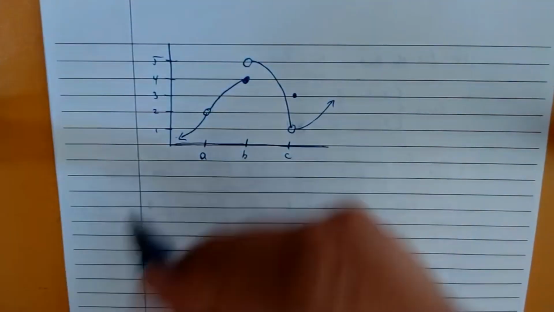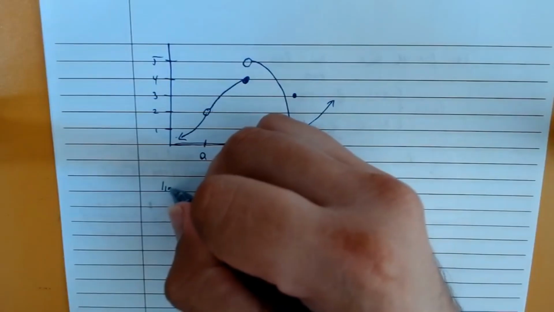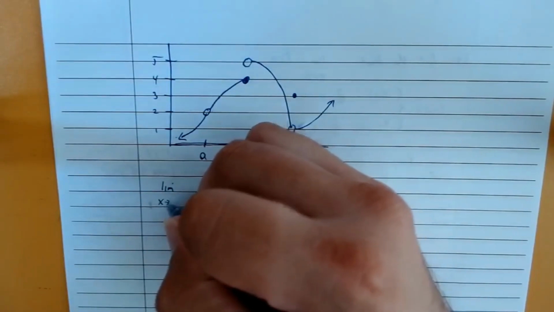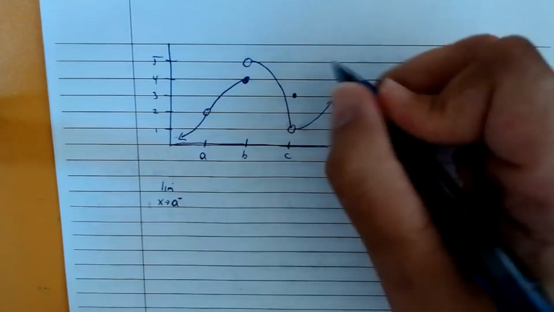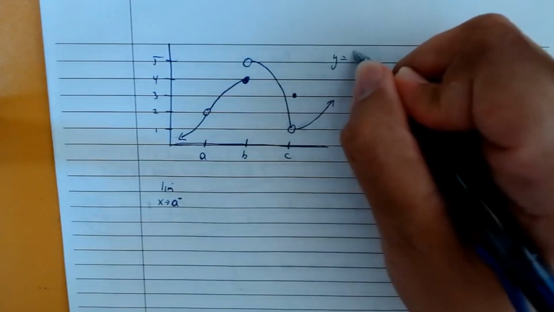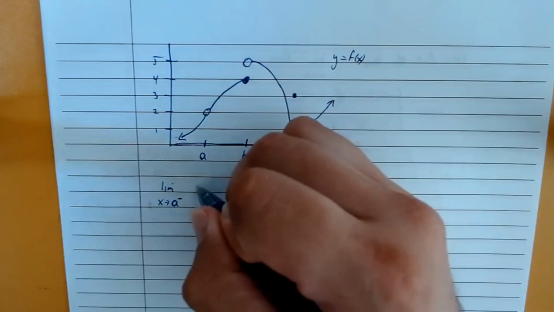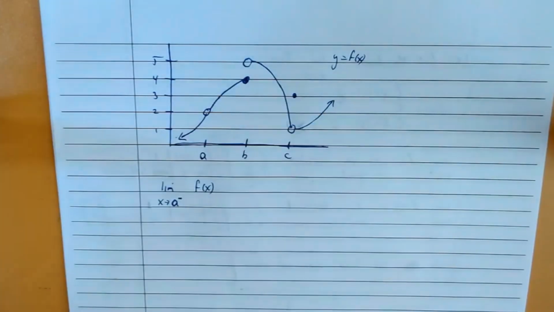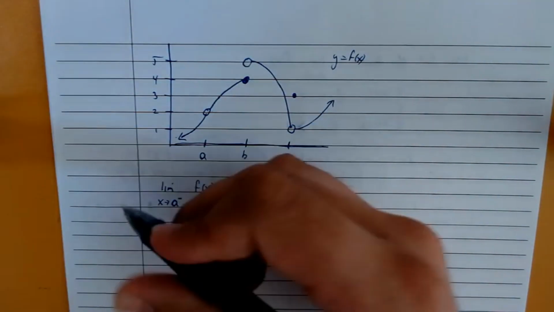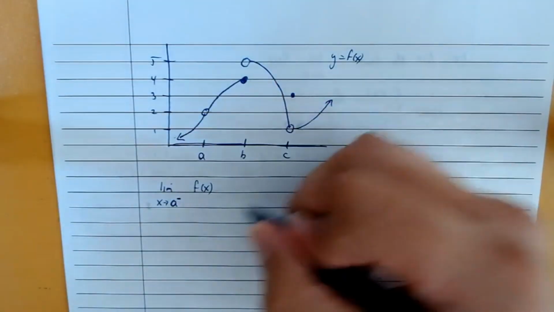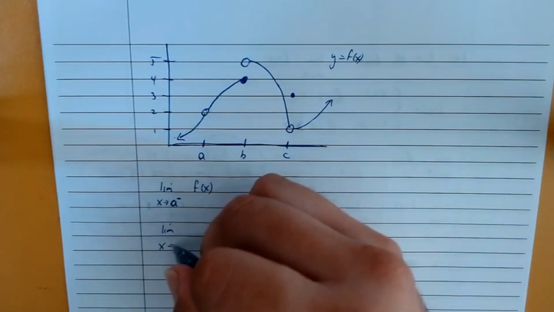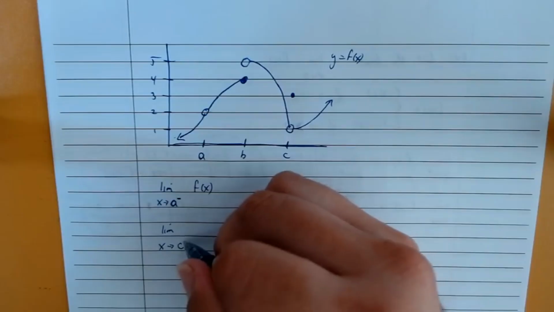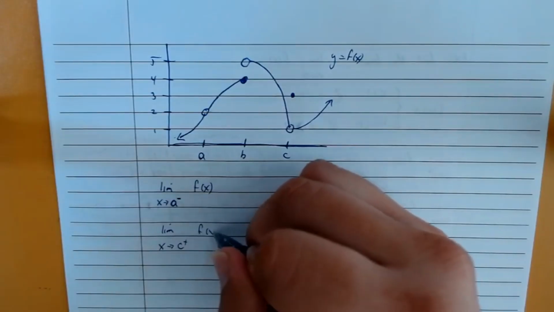Go ahead and answer the following questions. Oh, and this whole thing is just y equals f of x. Find the limit as x approaches A from the left of f of x. Find the limit as x approaches C from the right of f of x.